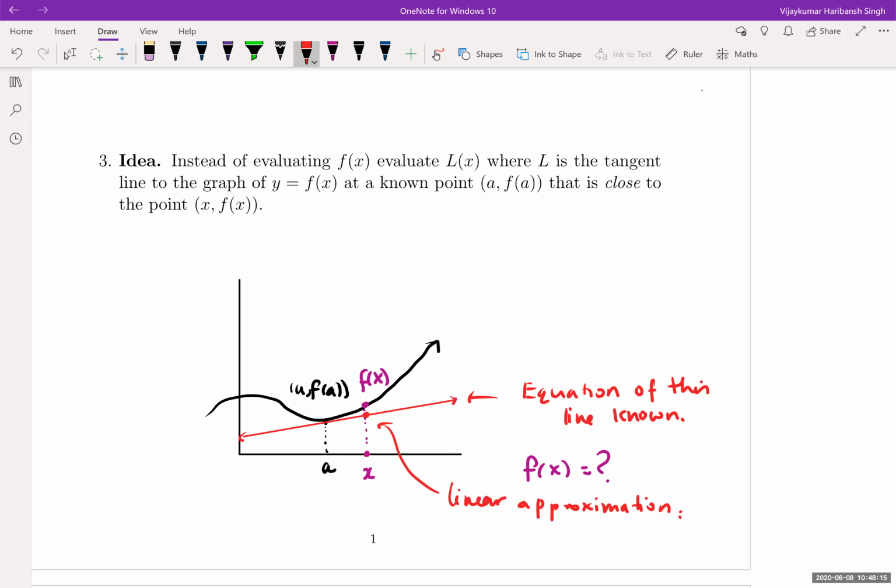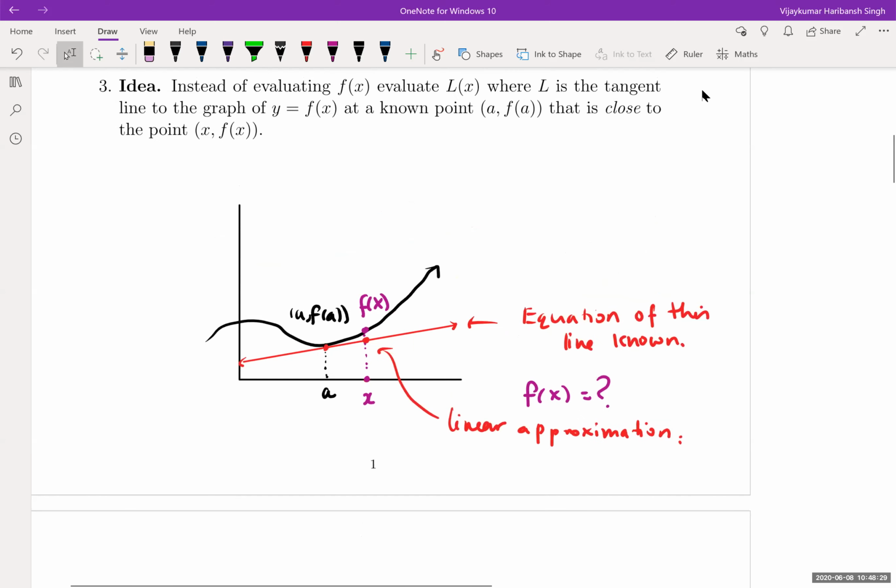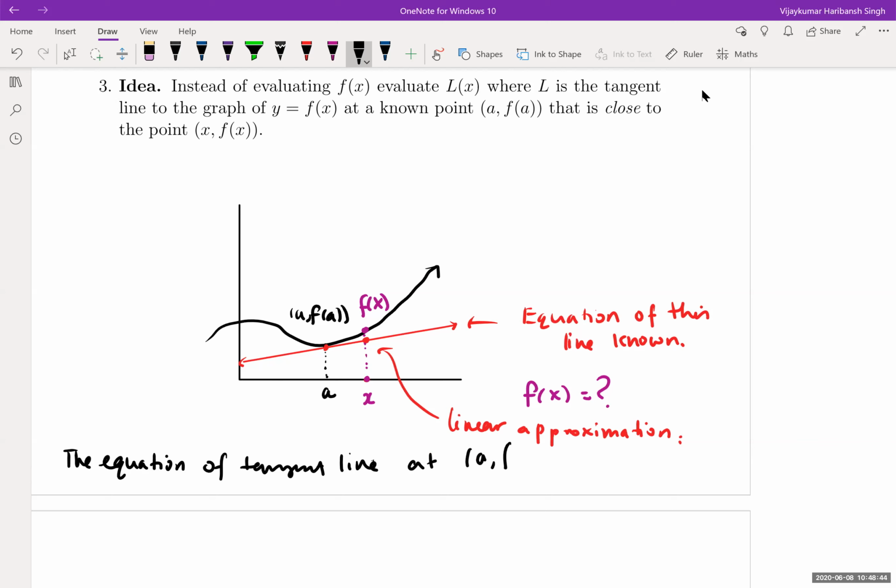So now we are using the equation of the tangent line at a comma f of a to find an approximation for x. So let's see how we would go about it. What is the equation of the tangent line at a comma f of a?